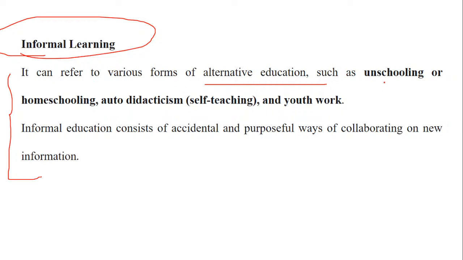So, alternative education such as unschooling or homeschooling, autodidactism, that is self-teaching, and youth work. So, informal education consists of accidental and purposeful ways of gathering new information. So, informal learning is self-directed or self-teaching, which can be accidental, but yes, it has a purposeful way.